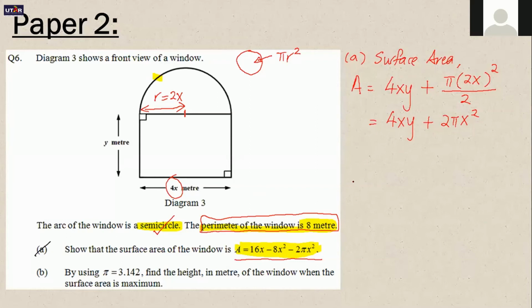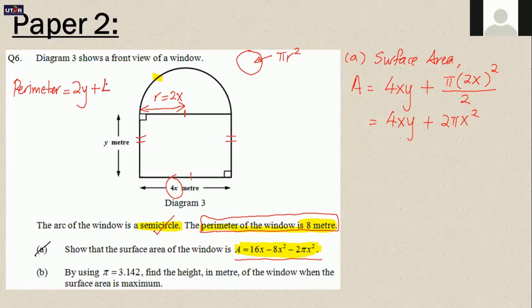What is the perimeter of the window? The perimeter will be 2y, the side here and the side here, and then one side here is 4x.